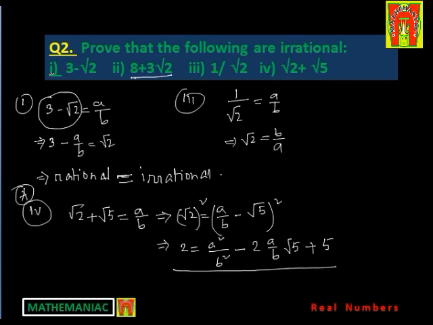Look at the whole expression once. How much is rational, how much is irrational? This is the only part which is irrational, the rest are rational. So everything which is rational you please shift to the left side and simplify. So 2 minus 5, or else do one thing, since this is minus, take it to the left side.